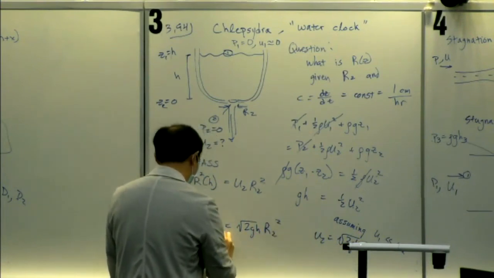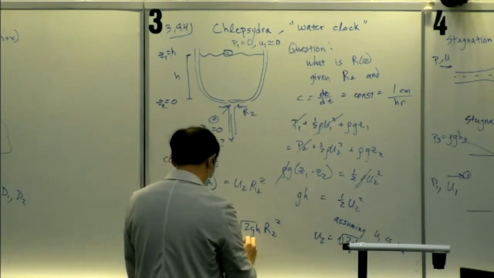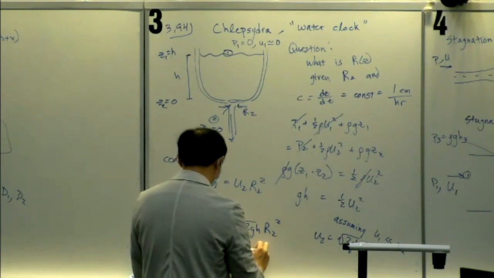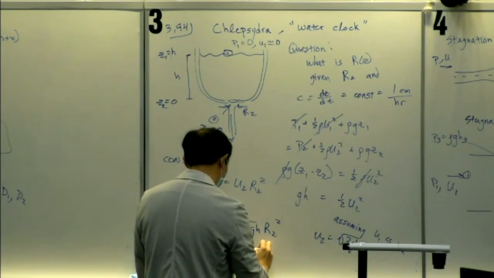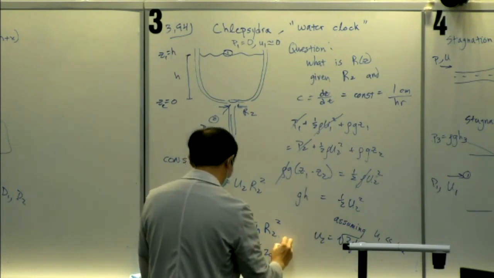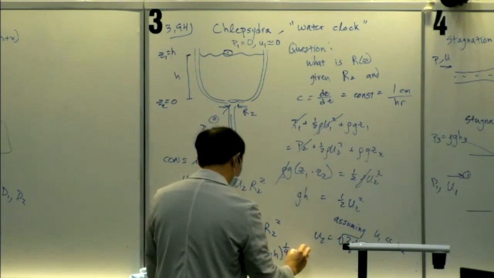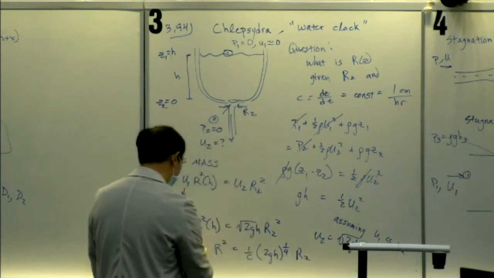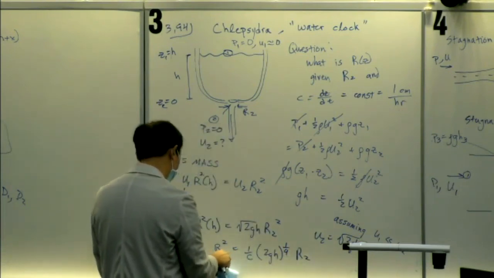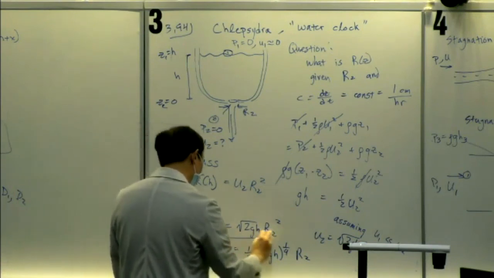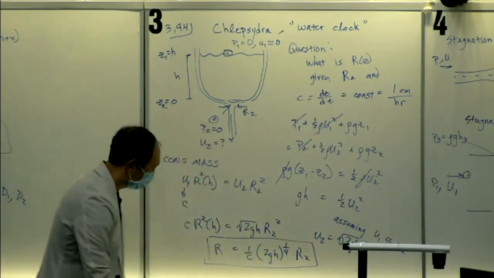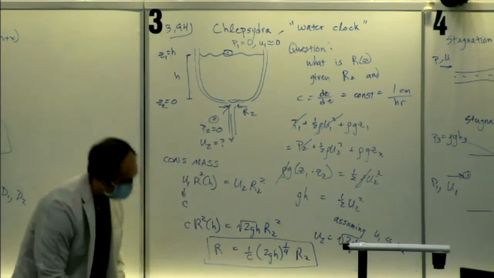So R squared is equal to 1 over C times 2GH to the 1/4 R. So that's how you basically want to make a container as a function of height.